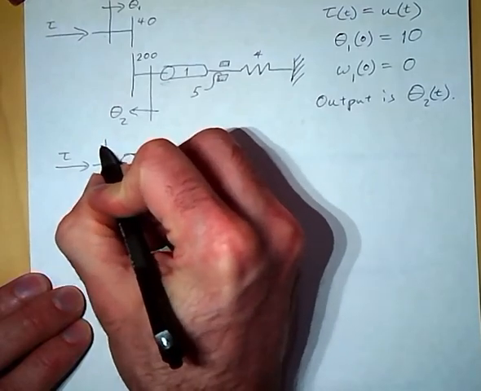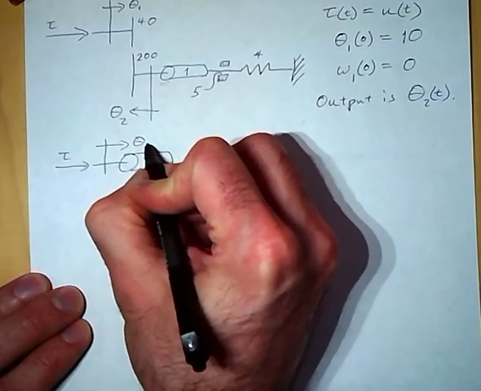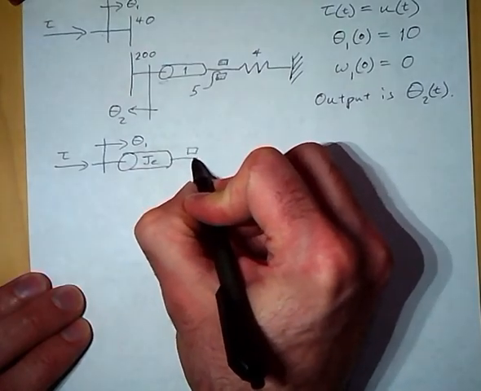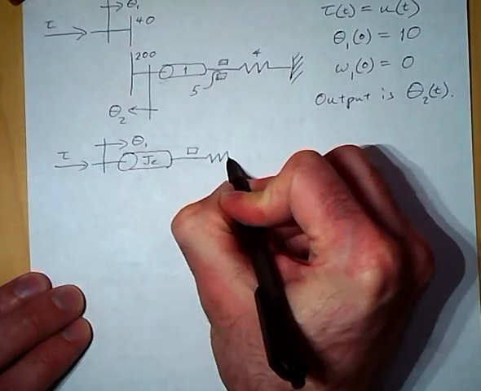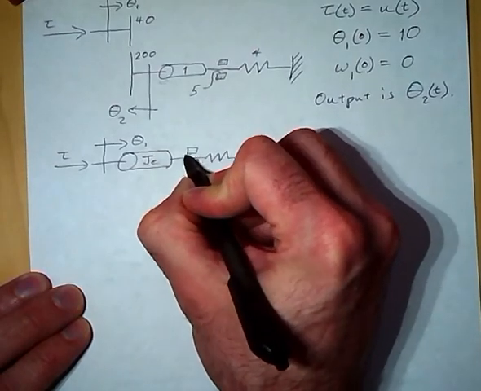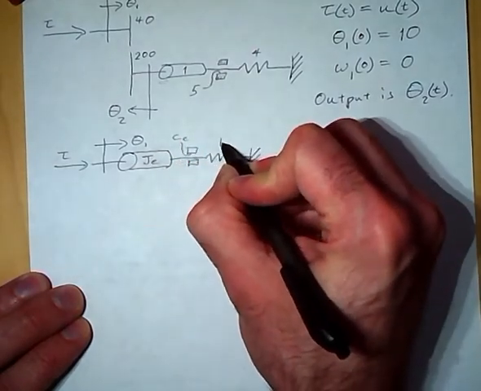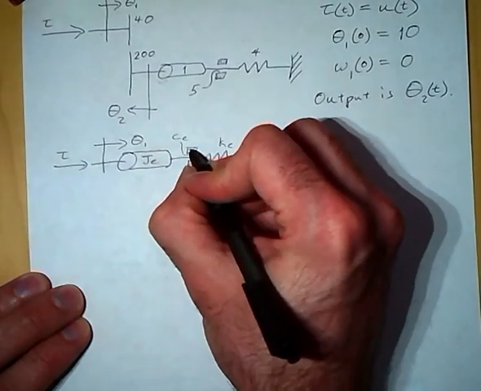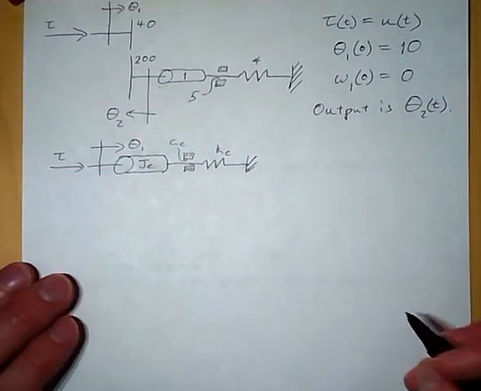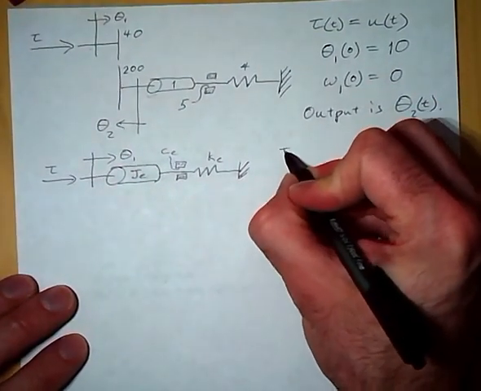That will be the reflected moment of inertia onto shaft 1, which has displacement theta 1. And then we've got damping and a spring constant. We'll call the damping CE and the spring constant KE. Okay, so let's compute now the values for these parameters.